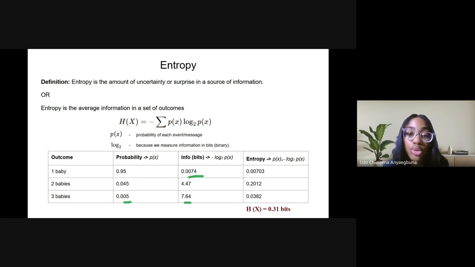So to calculate their entropy, we multiply the probability by the information, and when we add all of that together, we get the average information, which is entropy. So that's how we can calculate entropy, and it's very simple, and it gets simpler over time. I'm sure you get a better grasp the more you study it.